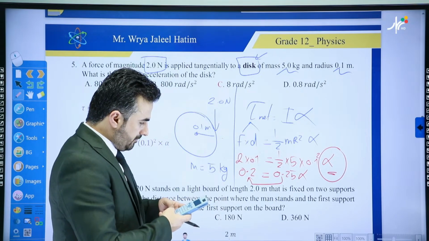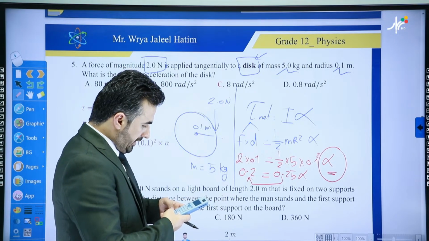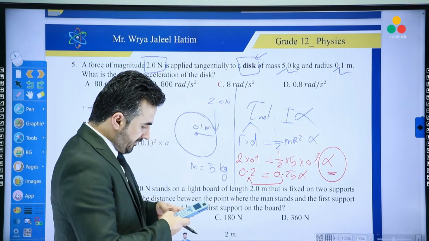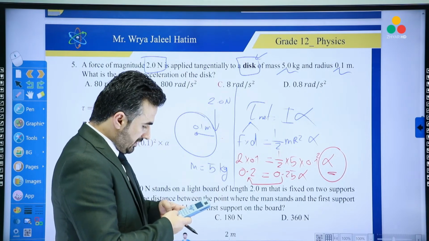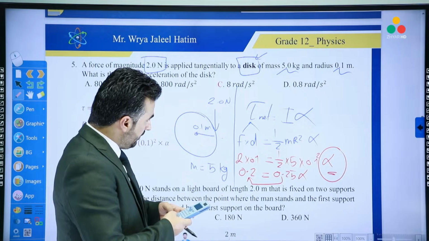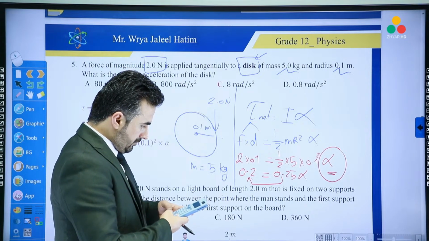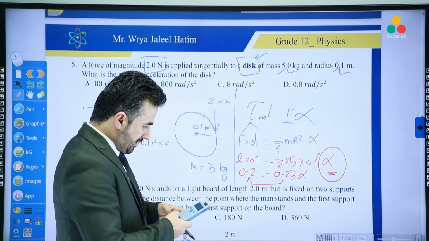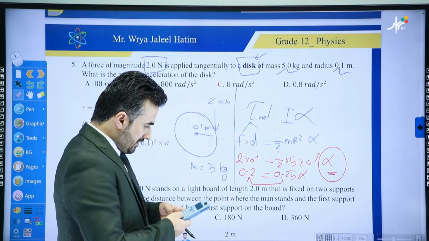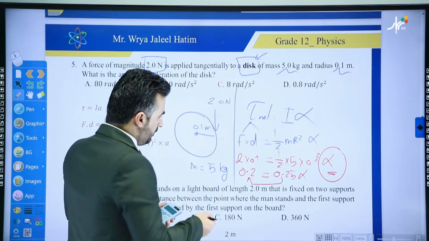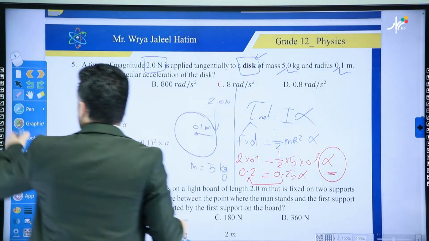1 divided by 2. All right, that is 0.5 multiplied by 5 multiplied by 0.1 squared. So the answer is going to be 0.025.